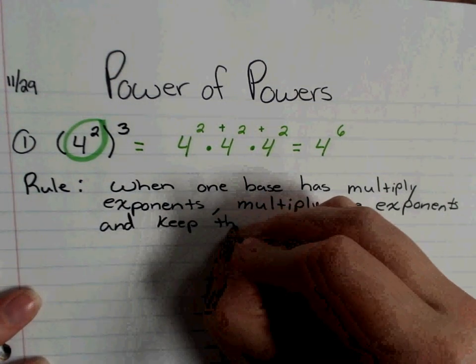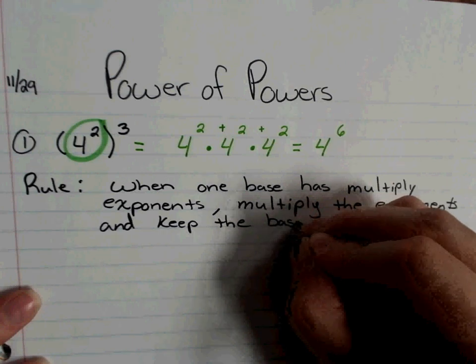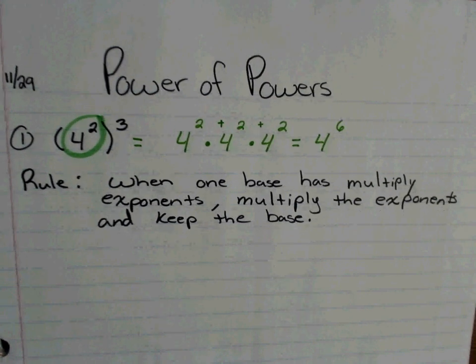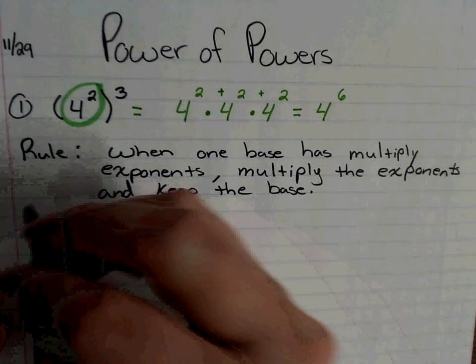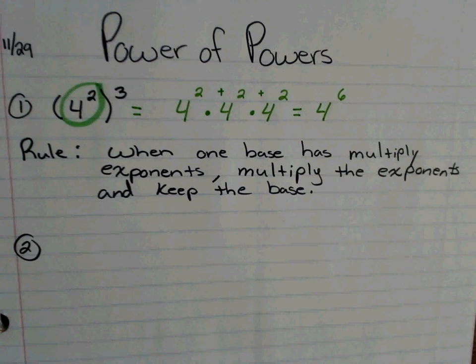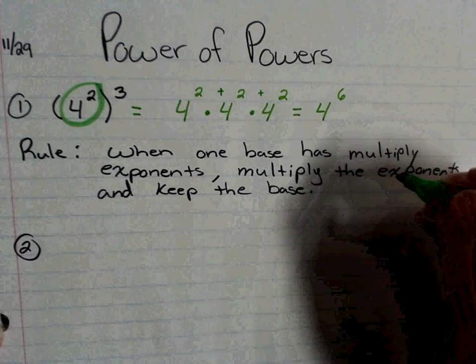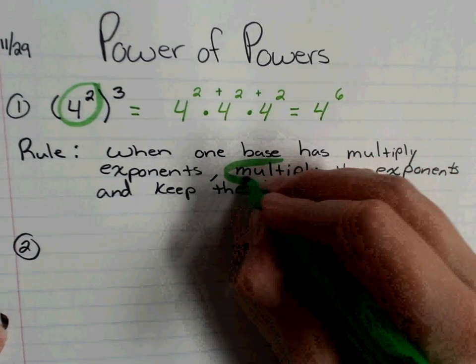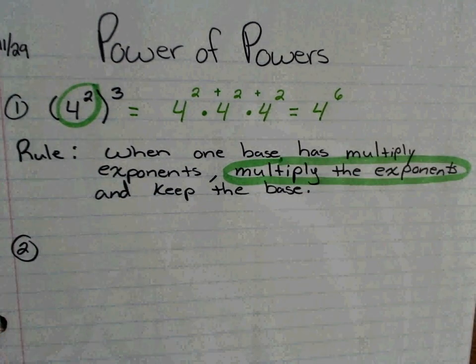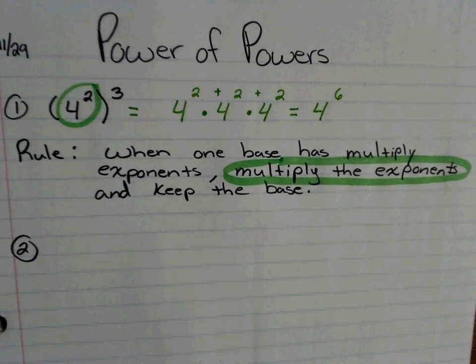That's a very important thing to remember, that you're keeping that base. That you're only going to be multiplying the exponents. You're going to multiply those exponents. Okay?